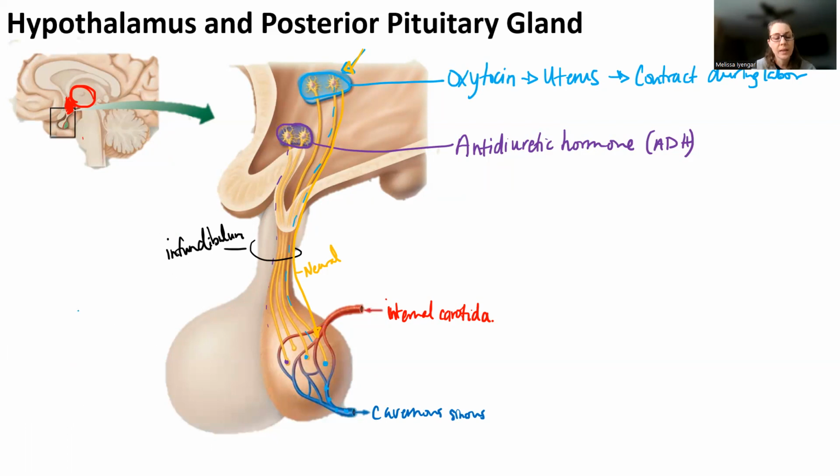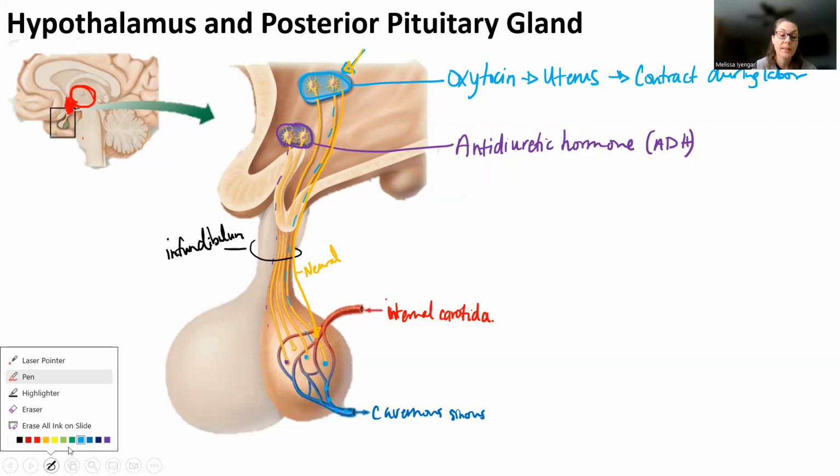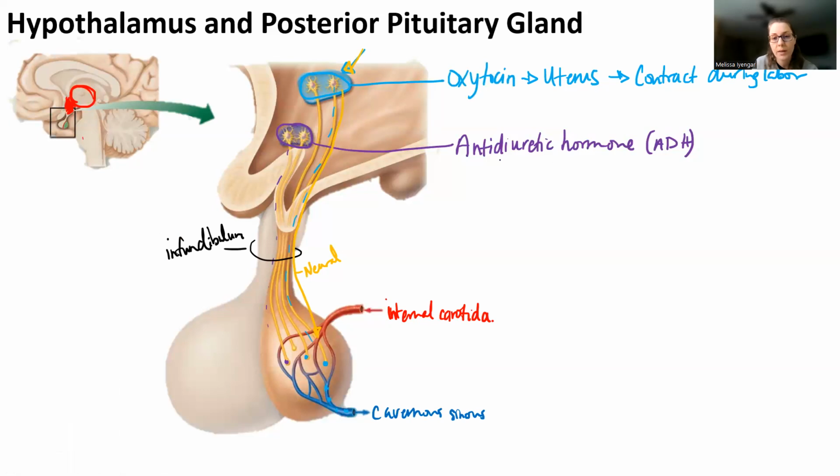All right. Antidiuretic hormone has a slightly different stimulus. What antidiuretic hormone does is it targets the kidneys. And when it targets the kidneys, it tells the kidneys to reabsorb water. So it's going to remove water from urine and add it to blood.